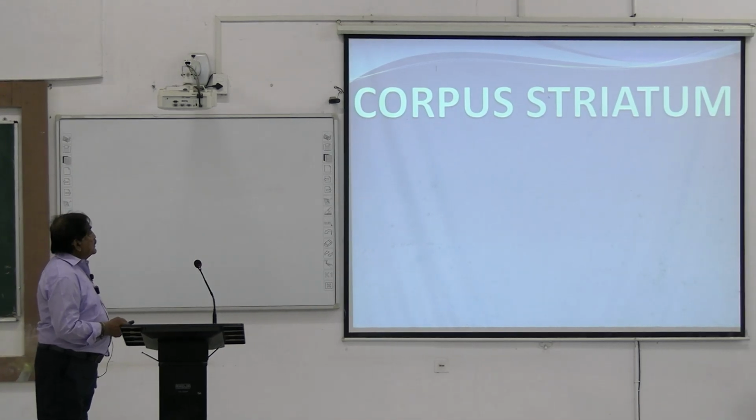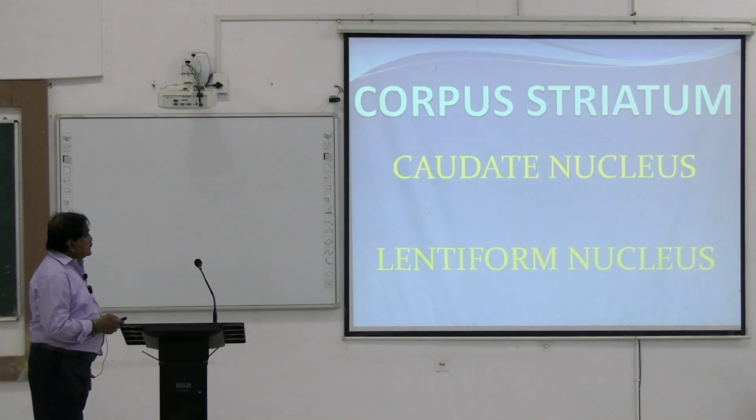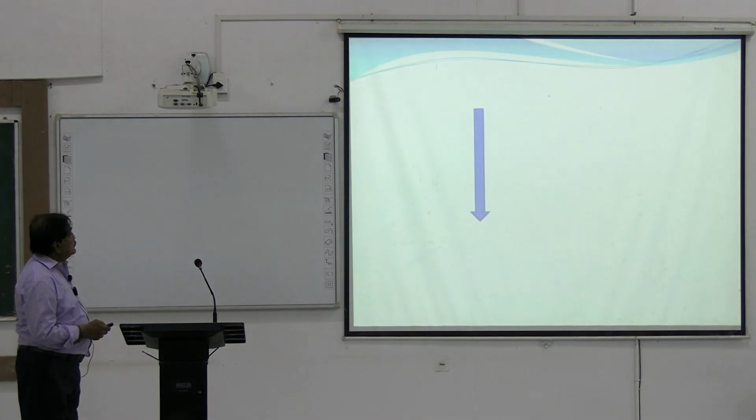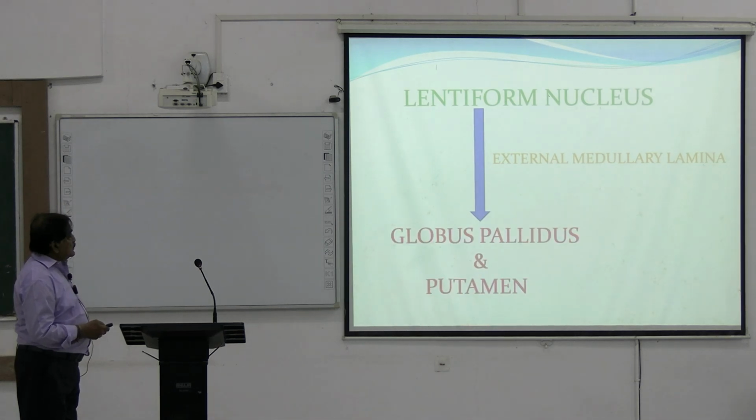The corpus striatum, caudate nucleus, lentiform nucleus. Lentiform nucleus, external medullary lamina, globus pallidus and putamen.